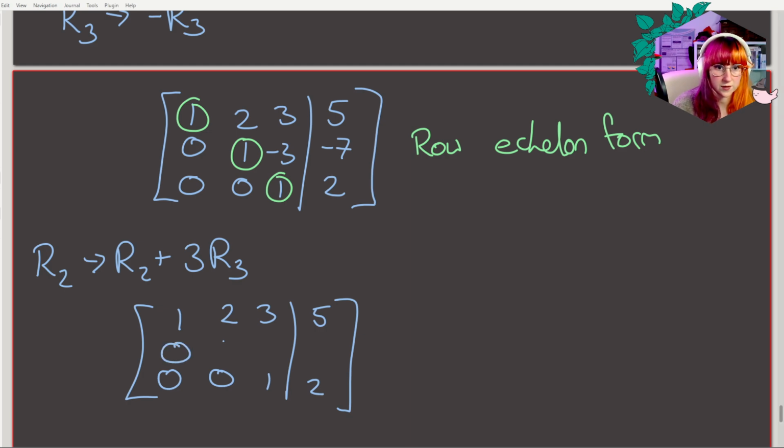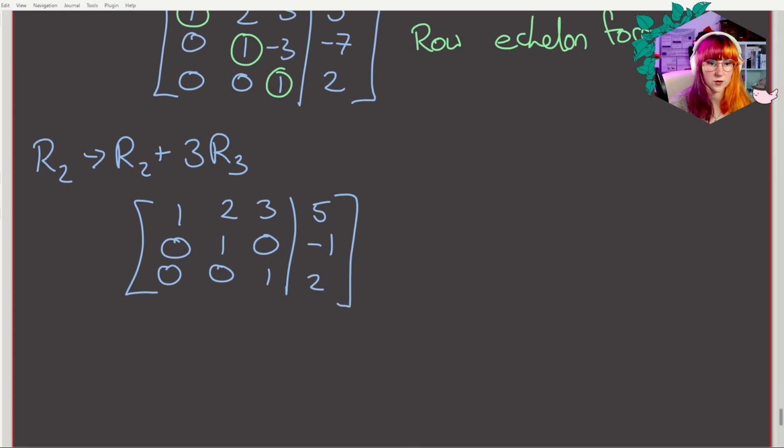So that gets left alone. So minus 3 add 3 is 0. Minus 7 add 6 is minus 1. And that row's done. Cool.